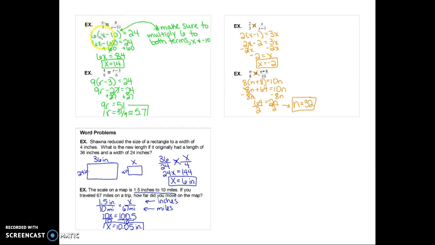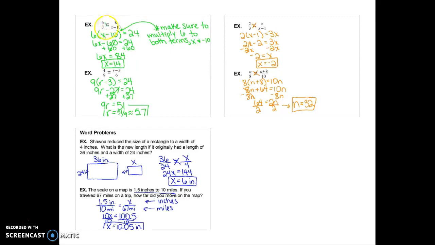So I have 6 times, but now instead of just one single value here, I have the quantity of x minus 10. Which means this 6 has to get multiplied by both of those pieces. So we show that by putting that x minus 10 in its own set of parentheses. Okay, so 6 times the quantity of x minus 10 equals, and then our 3 times the 8.